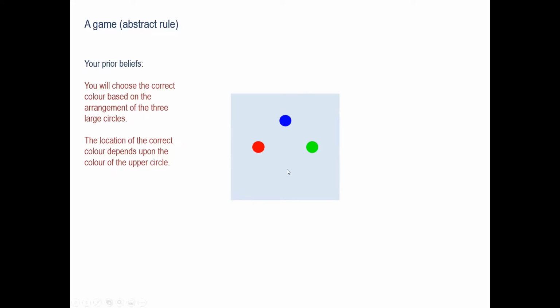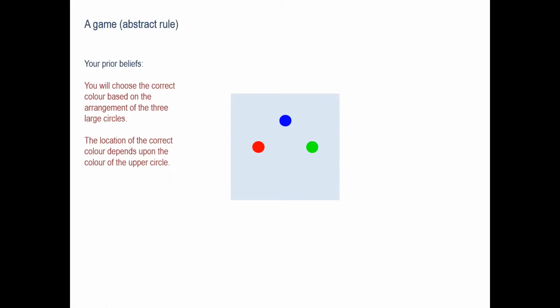What I will tell you is that the location of the correct color depends upon the color of the upper circle. So the rule, the location, it could be, say, red, depends upon the color of the central square here. So that's all you know. Those are your prior beliefs.